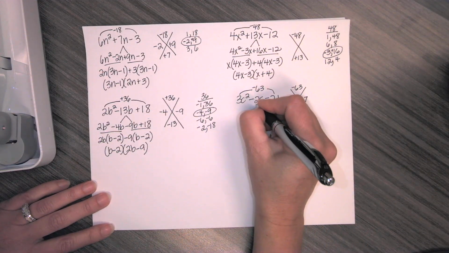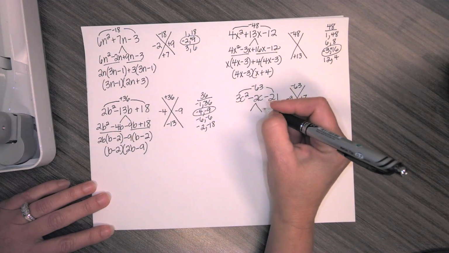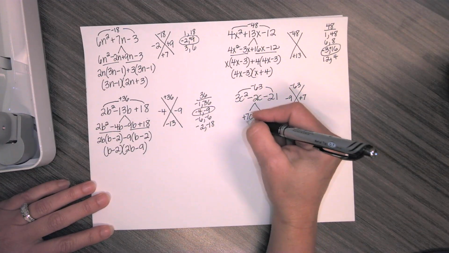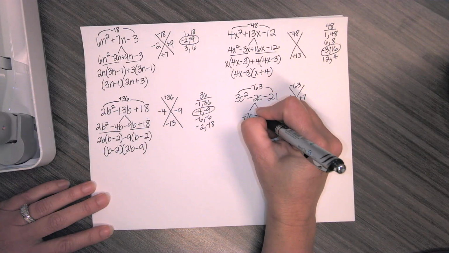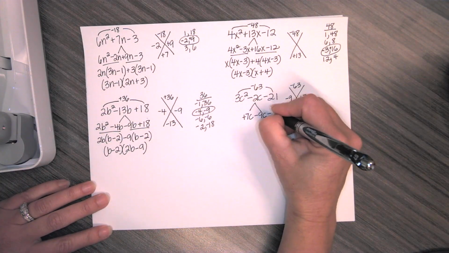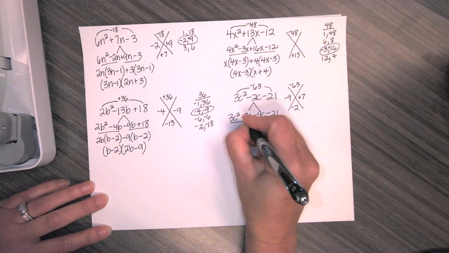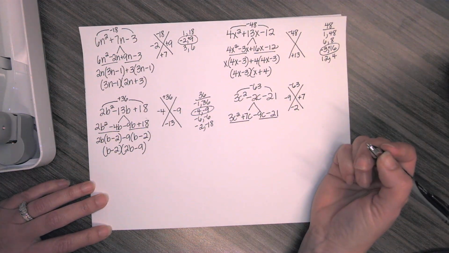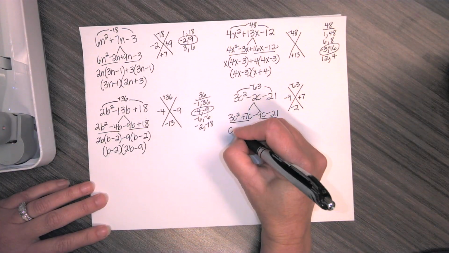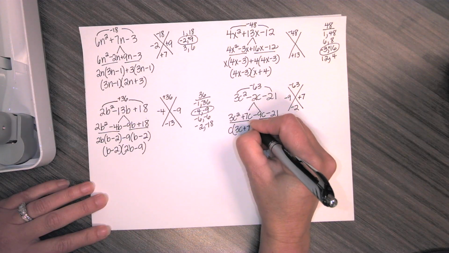Okay, so I'm going to split the middle one. Just to show you, it doesn't matter what order I write them in. I'm going to put the positive 7c first and the negative 9c second. It doesn't matter. Bring my last term down, bring my first term down, and then group. Take out my greatest common factor in each group. In the first group, that's going to be a c, which will leave 3c plus 7.